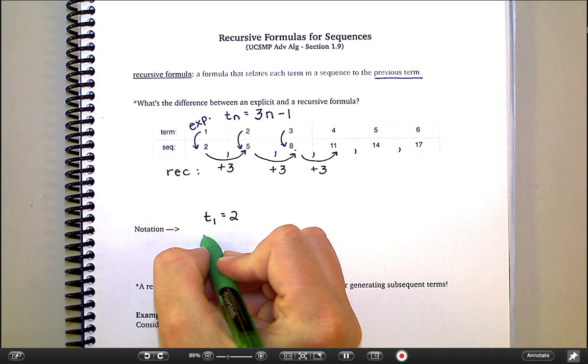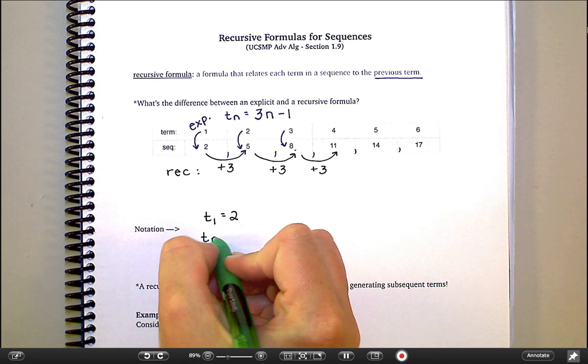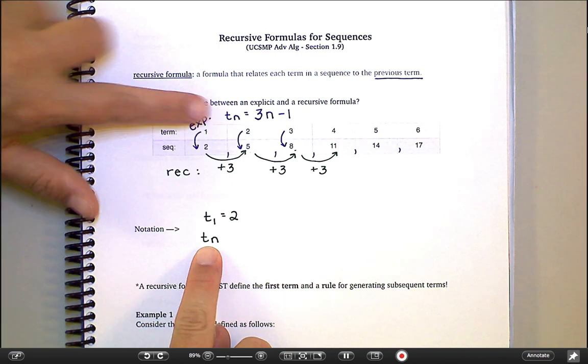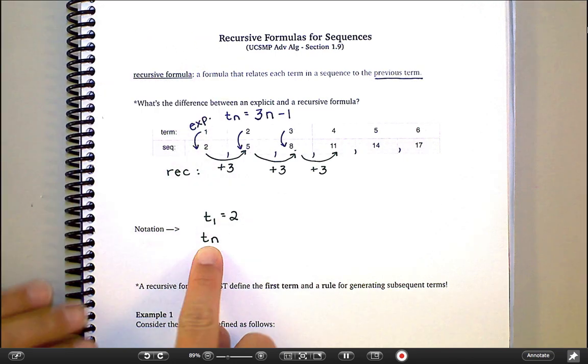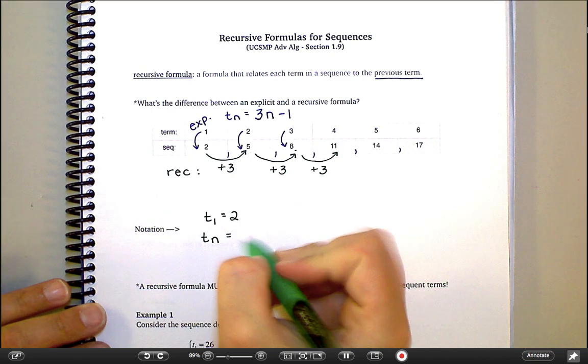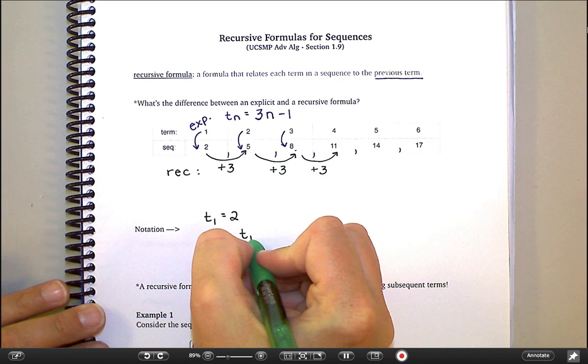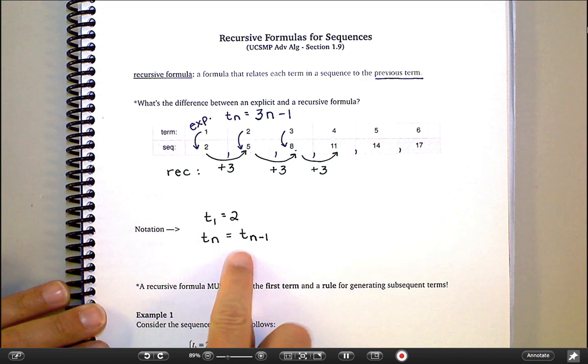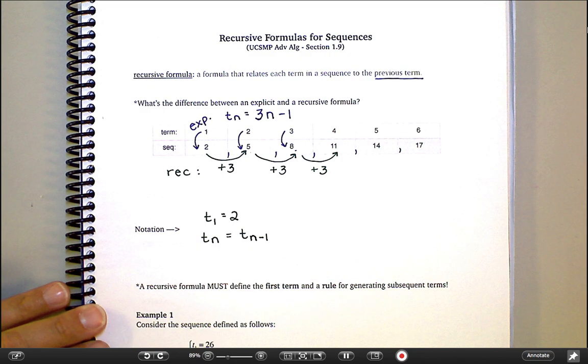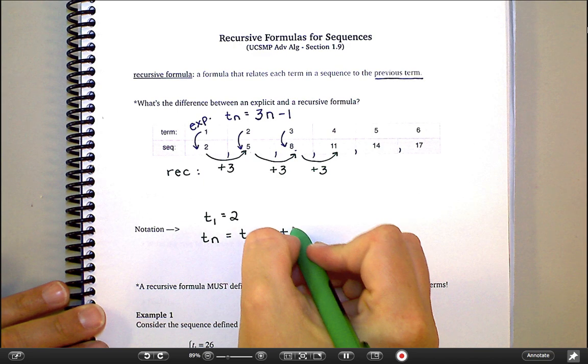And then I'm going to say any other term in the sequence, which you'll recognize is the same as what we used up here, is found by taking the previous term, and that's going to be really important here, that this t sub n minus 1 represents the previous term, and adding 3 to it.